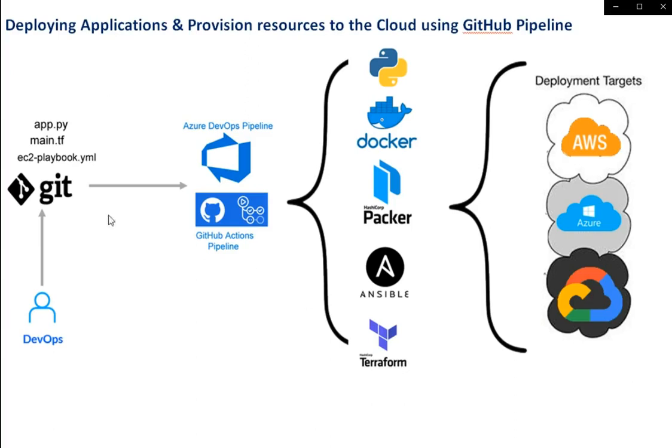You configure the files, put them in Git, and trigger the pipeline, and it goes through the GitHub Actions pipeline. It picks whatever products you are using, and you tell it which cloud you want to provision the resources or deploy the application to, whether you're using AWS, Azure, or Google Cloud, or all of them.